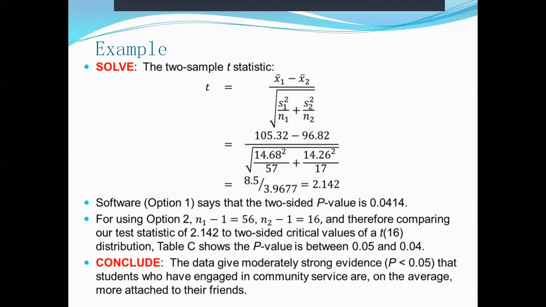Software option 1 says that the two-sided p-value is 0.0414. For option 2, n1 minus 1 is 56, n2 minus 1 is 16.